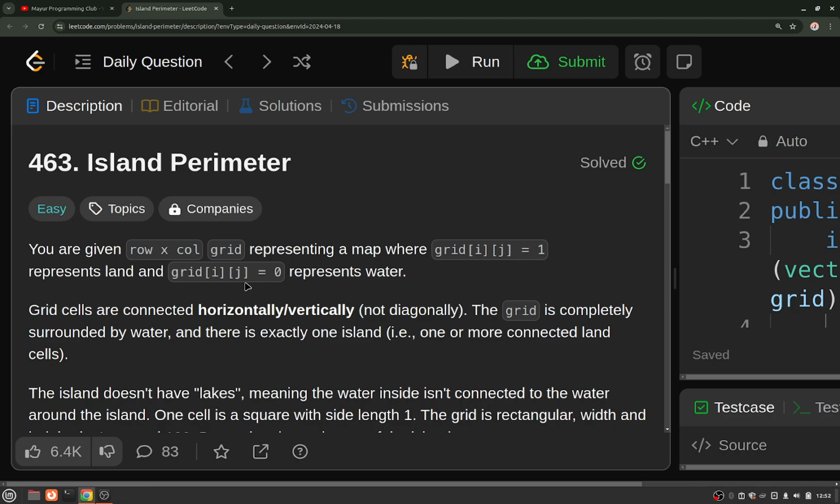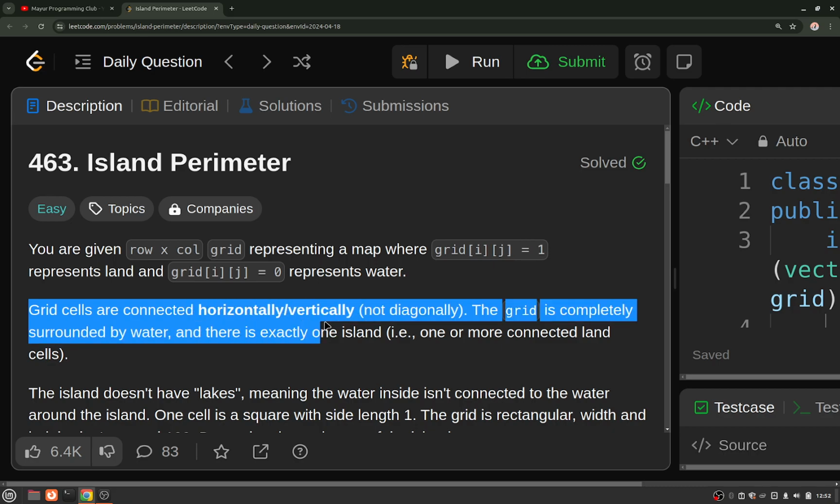If a grid cell is 1, it means that it is land, and if it is 0, then that cell contains water. Grid cells are connected horizontally and vertically, not diagonally. The grid is completely surrounded by water, and there is exactly one island.